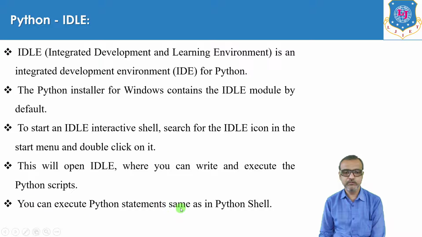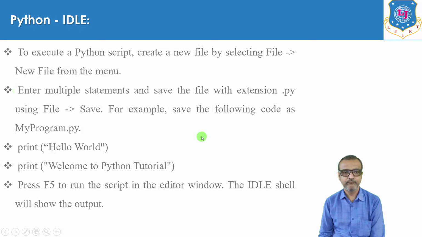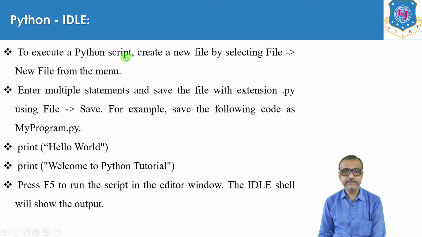You can execute Python statements same as in Python shell. I have already discussed with you how to run a program in Python shell. You have to follow the same procedure in case of Python IDLE. To execute a Python script, create a new file by selecting file, new file from the menu.